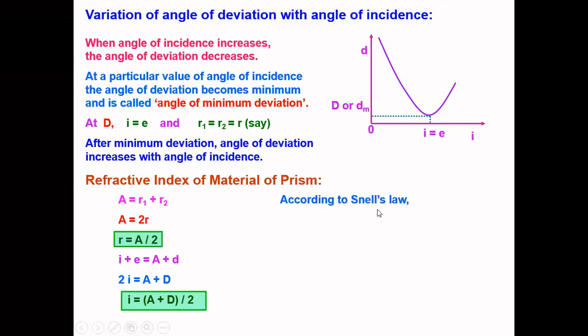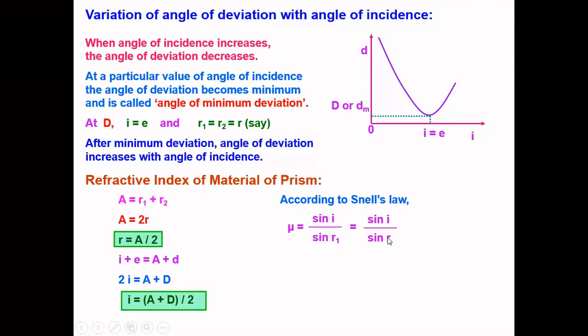According to Snell's law, which we already know, the ratio of the sine of the angle of incidence to the sine of the angle of refraction will be equal to a constant. That constant is the refractive index. Here the refractive index can be taken in terms of mu or n. So mu is sin I by sin R1, because the angle of incidence we have taken as I, and the angle of refraction R1.